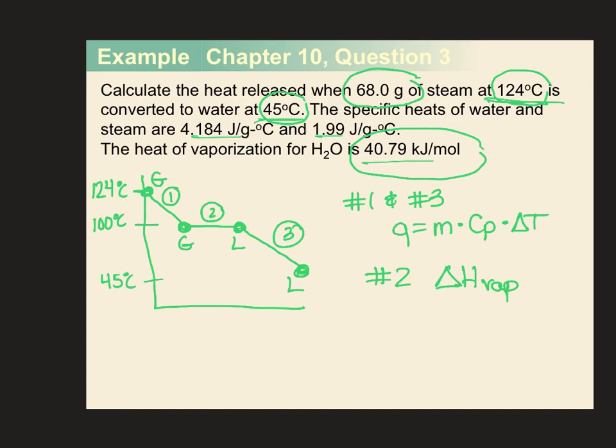Wait, so is it the same conversion between its liquid and its gas? So, okay, the difference between vaporizing and condensing, they're opposites. Vaporizing means going from a liquid to a gas, making it a vapor. It's going to require 40.79 kilojoules per mole to vaporize water. Condensing, going from a gas to a liquid, it's the opposite process, which means the energy number is the same. It's still 40.79, but it's going to be released.